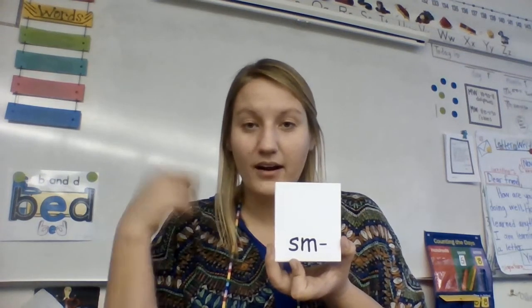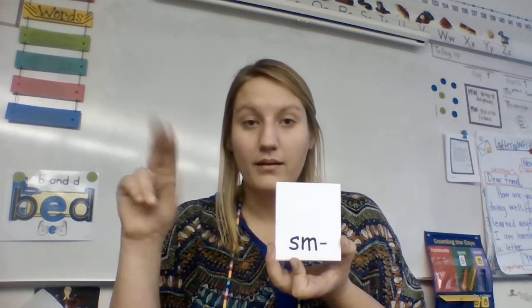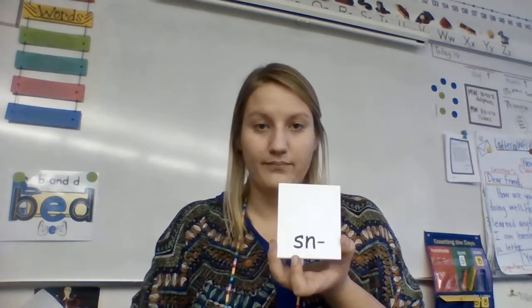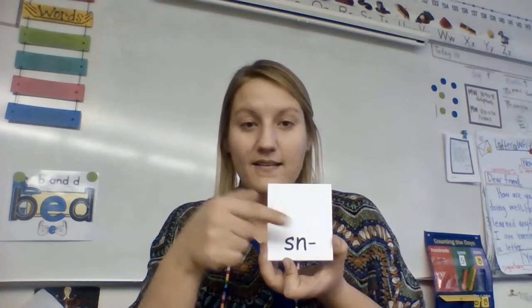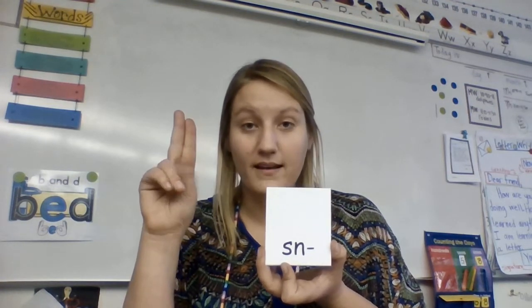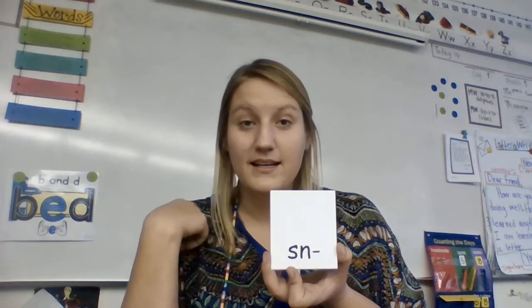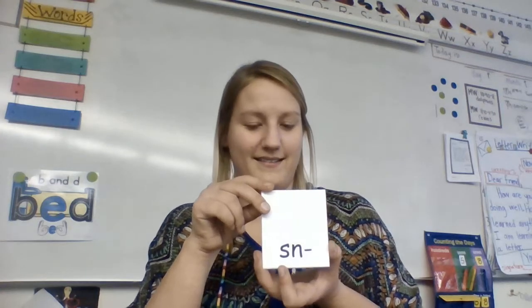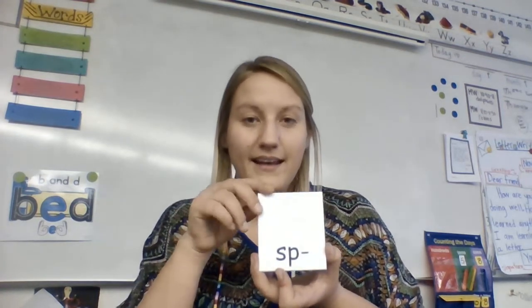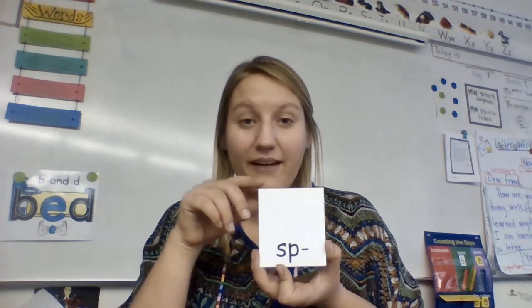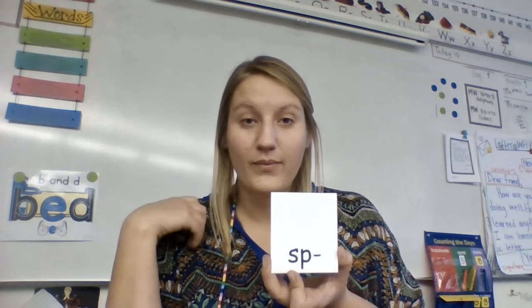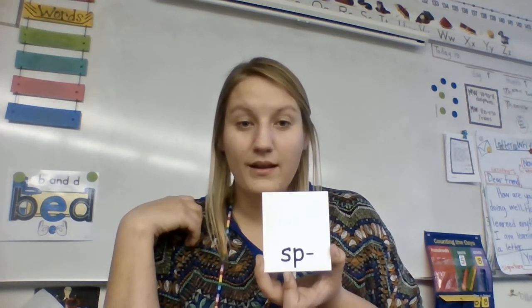Next sound, SM together makes sm. Your turn. Sm. Now we have SN together makes sn. Sn. Like snow. Sn. Here, SP, we have 2 letters, 1 team. Sp. You try. Sp.